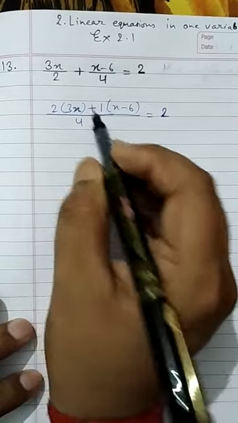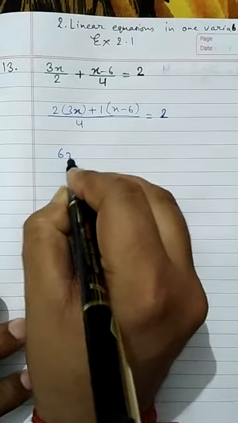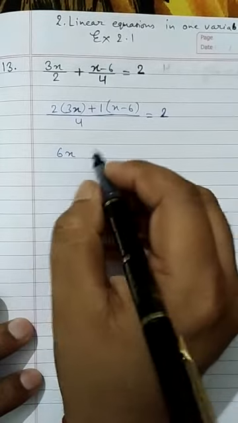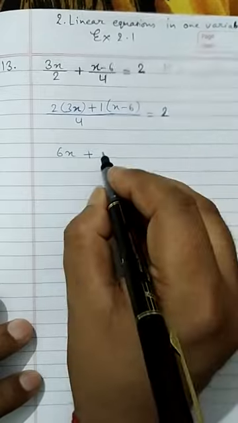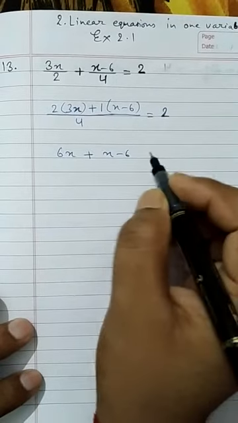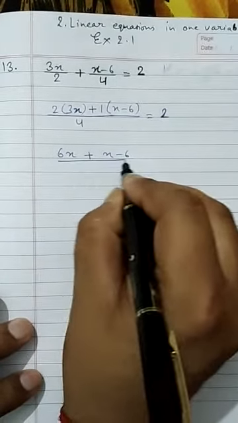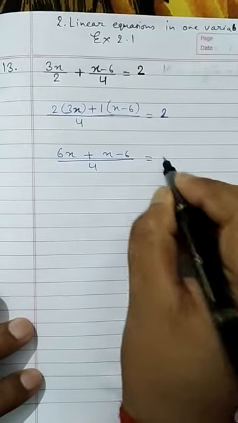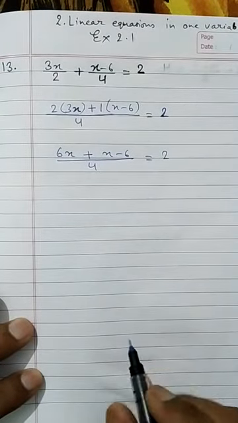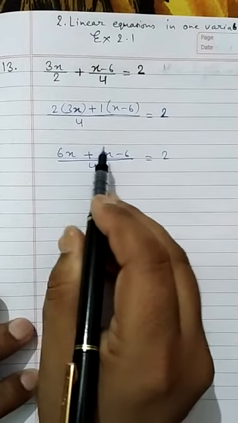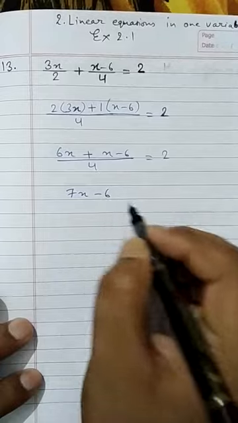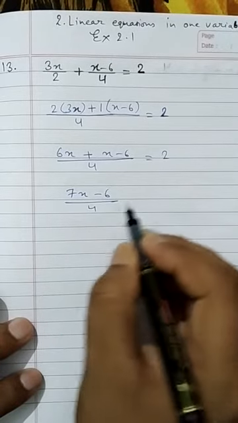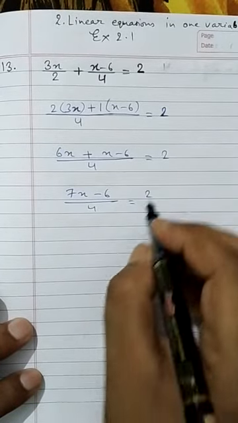Now 2 times 3 is 6. This time we will open the bracket. 2 times 3 is 6x, plus 1 being multiplied to any binomial, we get the same binomial, no difference there, upon 4 equals 2. Now 6x plus x gives you 7x. 7x minus 6 upon 4 equals 2.